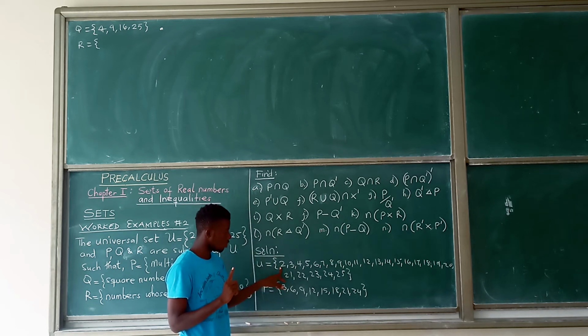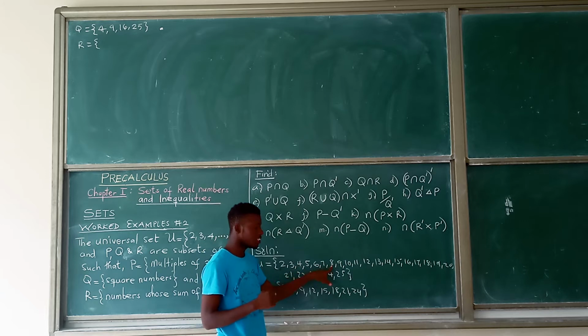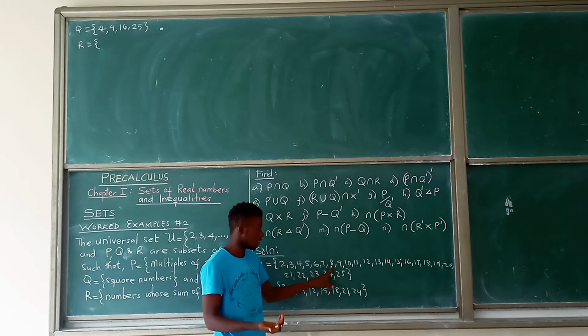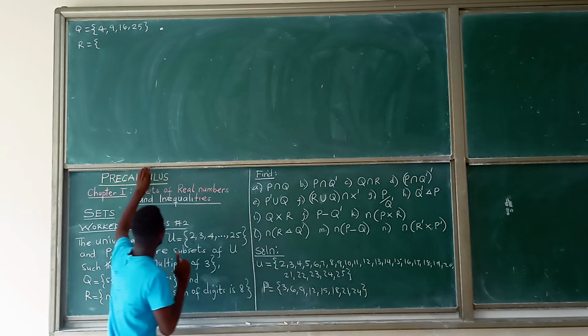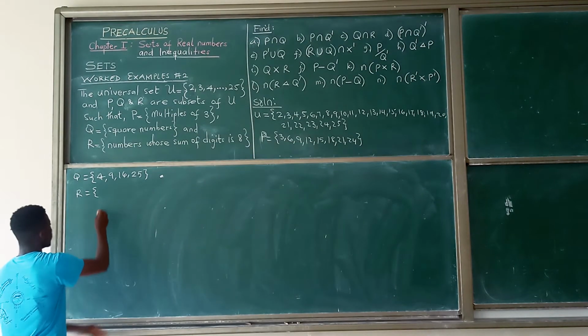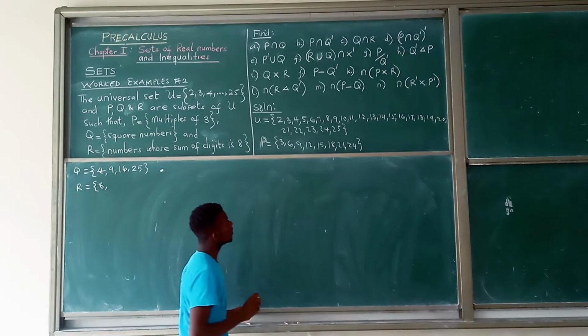One digit is 2, and this digit is not 8. This is not 8, this is not 8, but this digit is 8. So you can write this as 0, 8. When you add the 2 digits, you are going to get 8. So the first number that we are going to include as an element of set R is 8. So 8 is the first element of set R.